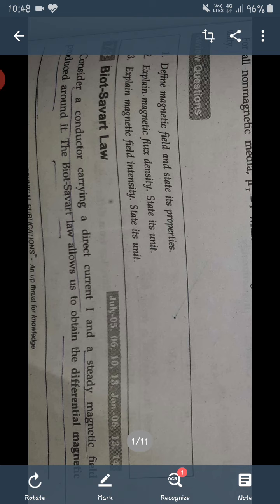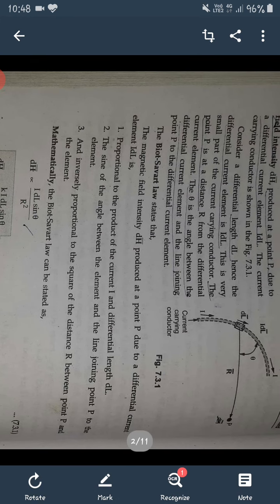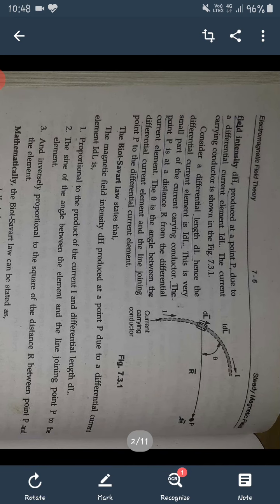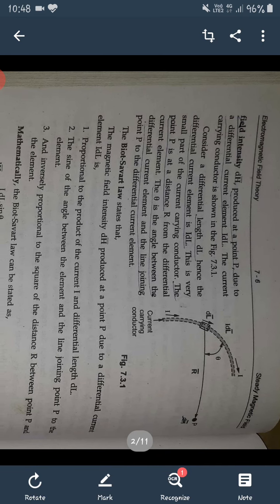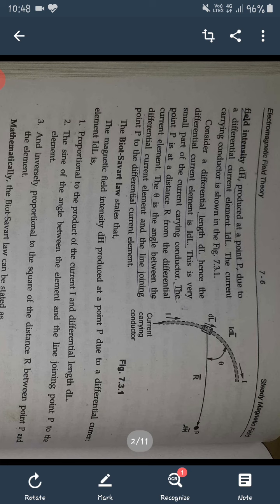The Biot-Savart's law allows us to obtain differential magnetic field dH produced at point P due to a differential current element IdL.